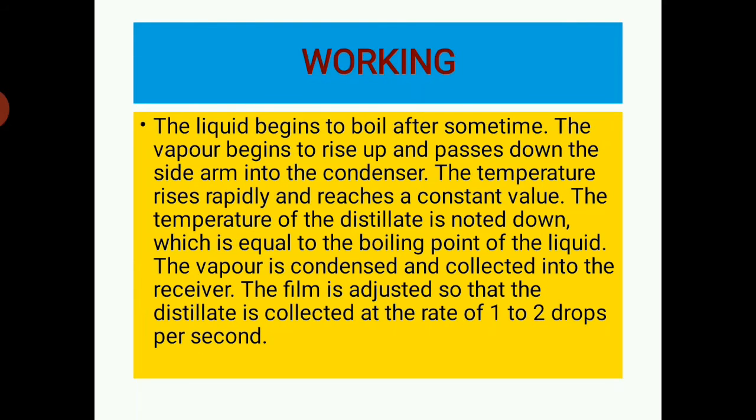On a laboratory scale, the whole apparatus is made of glass. As you can see in the structure in the PPT, we have the thermometer, distillation flask, liquid, condenser, water, adapter, and receiver. The different parts of the apparatus have different functions. You can see in the structure.